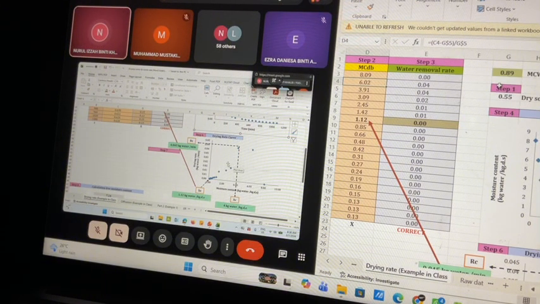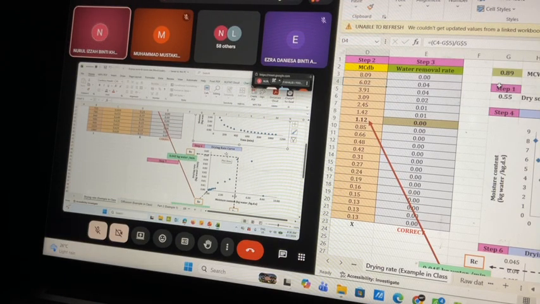The question first asks what the moisture content is at the constant rate. You can see here that we have 2 points where it is constant, so this one is the answer.